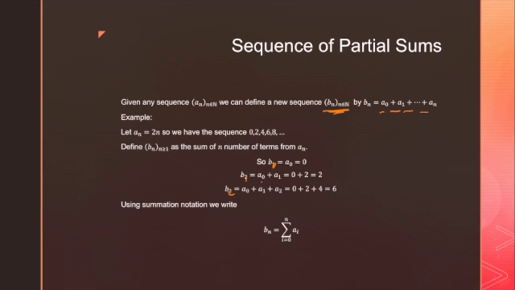B sub 1 would be a sub 0 and a sub 1, which gives us 2. B sub 2 would give us all the elements of A up to 2 added together, so 0, 2, 4, and that would give us 6. B sub 3 would equal a sub 0 plus a sub 1 plus a sub 2 plus a sub 3, which equals 0 plus 2 plus 4 is 6 plus 6 is 12, right?